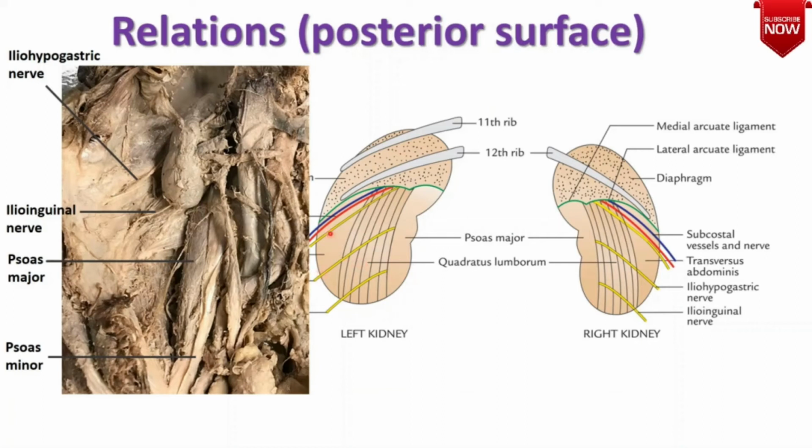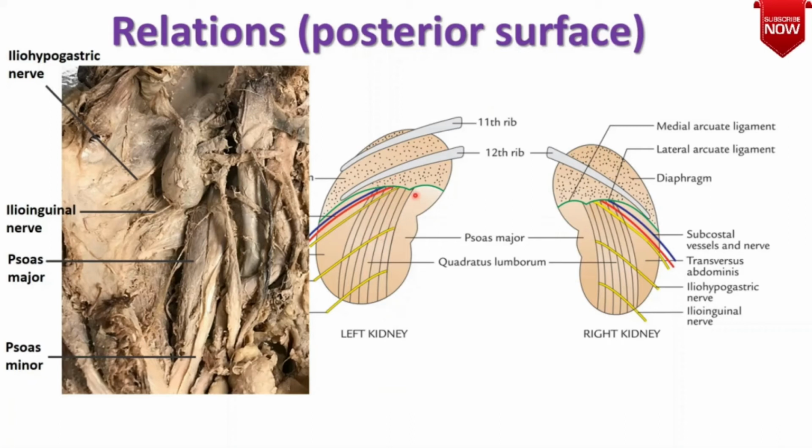And the most lateral is the transversus abdominis muscle, covered by the fascia transversalis. At the lower margin of the lateral arcuate ligament, you can appreciate subcostal nerve and vessels coming out at the lower border of the 12th rib. So here you can appreciate subcostal nerve and vessels.